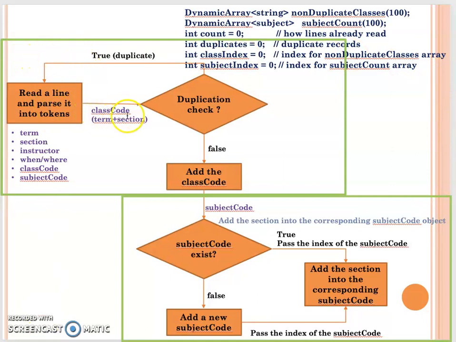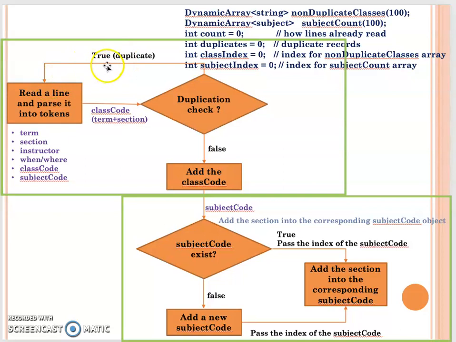After we get the class code, we do the duplicate check. From this array, if we find the class code already exists, then the duplicate is true, so you go back to the beginning of the while loop.